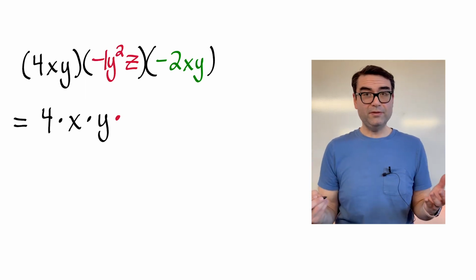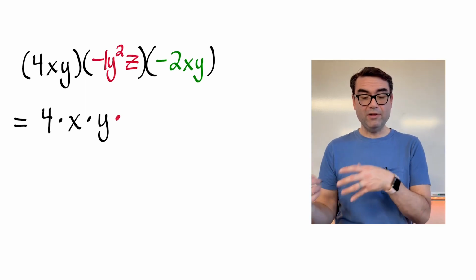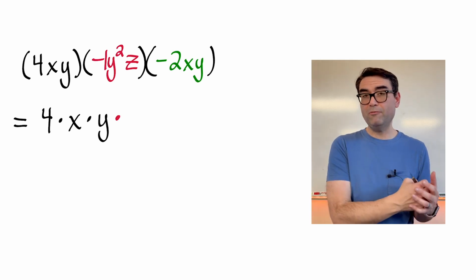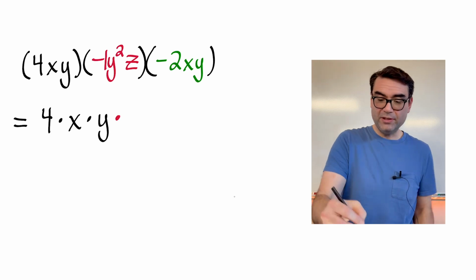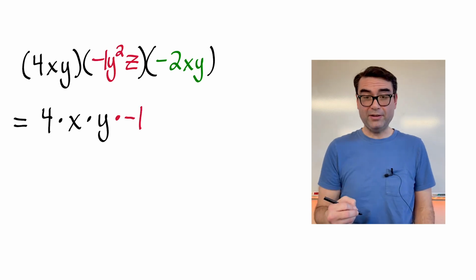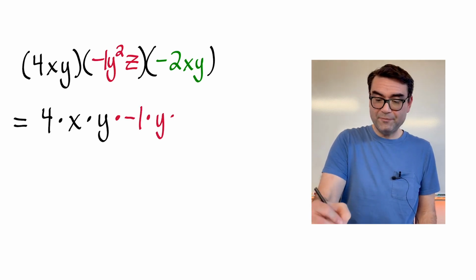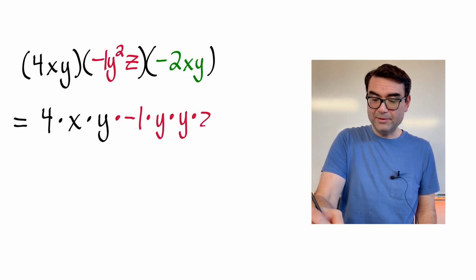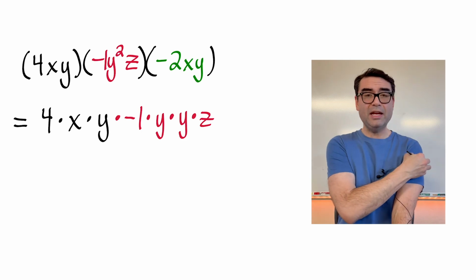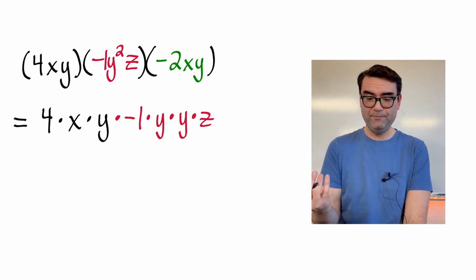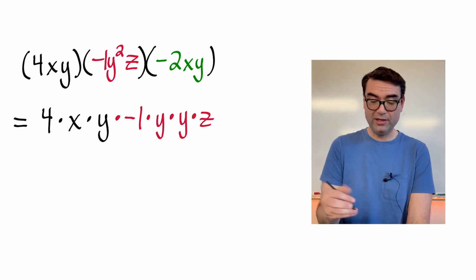The reason that's useful is that we can actually use negative 1 as its own factor. So negative 1 is another factor, along with my y squared times z. So any monomial or any term that has a leading negative, you could factor out a negative 1, right? That negative 1 is a factor of the expression.